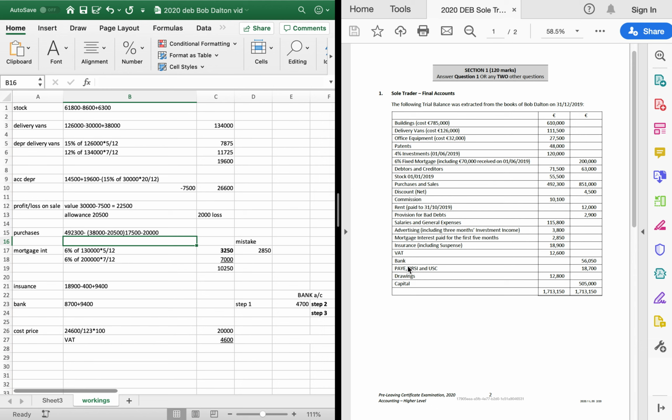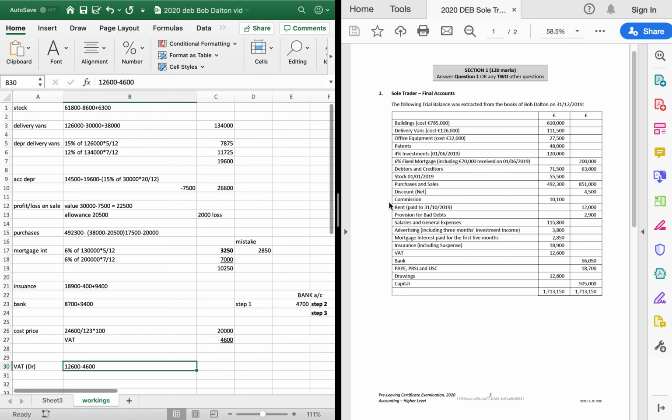4,600 as well. VAT is a debit. So VAT is a debit. Just be aware that that's money owed to us. So at the moment, VAT is 12,600, and we're going to credit this 4,600 away from it. Okay. And if VAT was a credit, say VAT was on this side over here, you would add it on because you'd be crediting a credit.